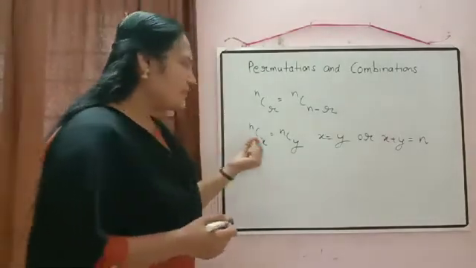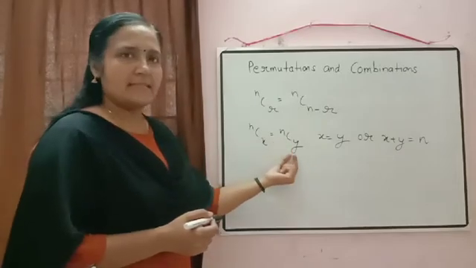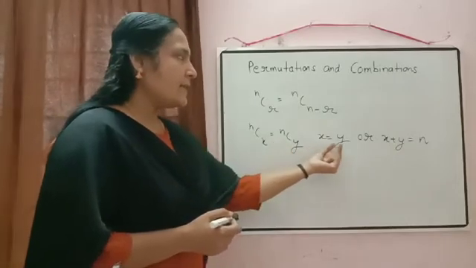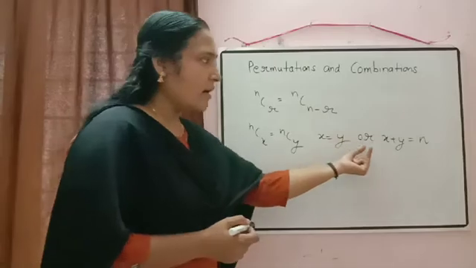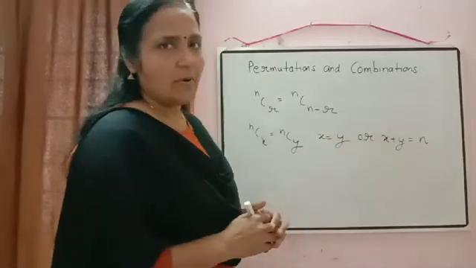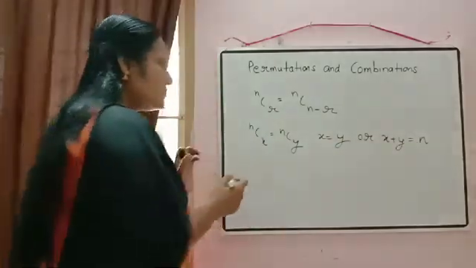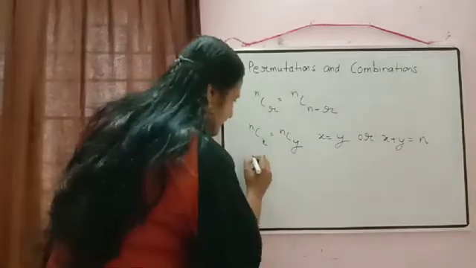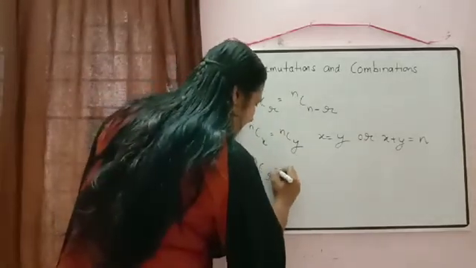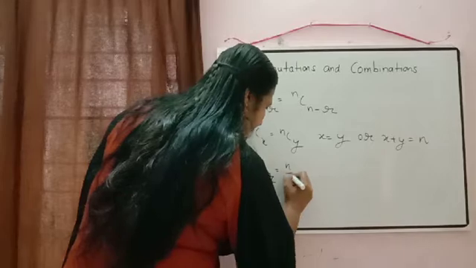So if NCX equals NCY, then either X equals Y or X plus Y equals N.